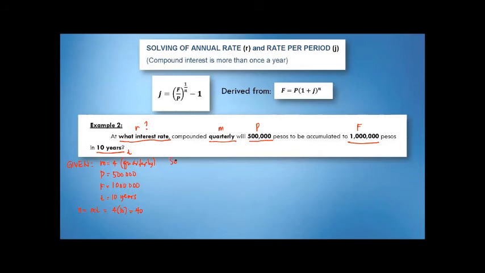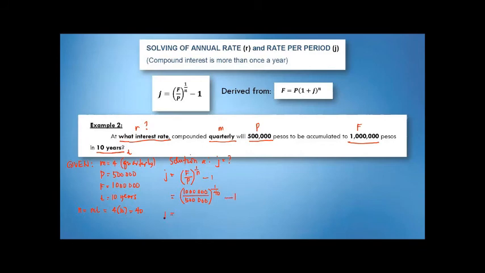So, solution A, solve for J. Kung bakit tayo ulit nagsosolve ng J? Because hindi natin pwedeng directly masolve ang small r. So, small j is equals to f over p raised to 1 over n, minus 1. Substitute natin, we have 1 million divided by 500,000 raised to 1 over 40, minus 1.